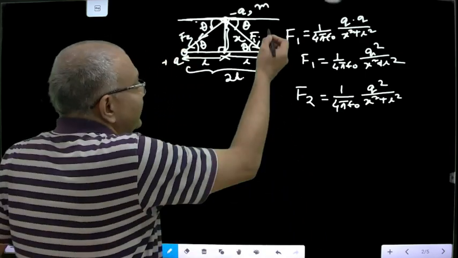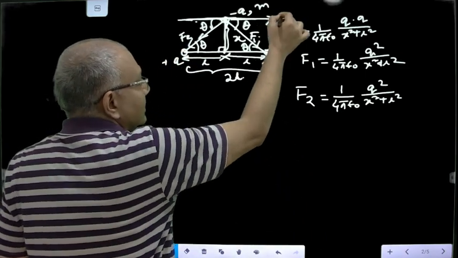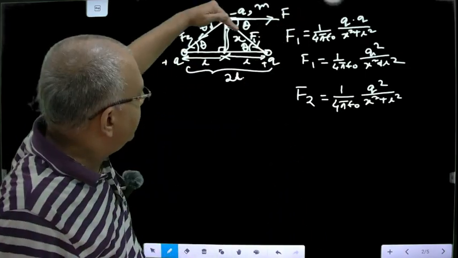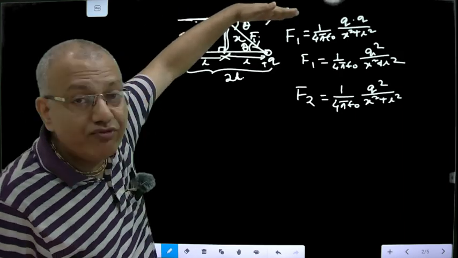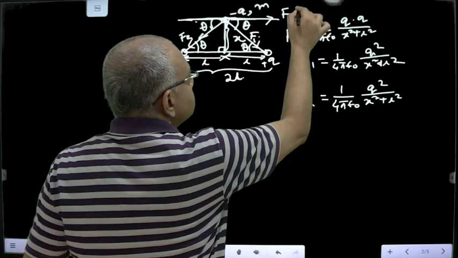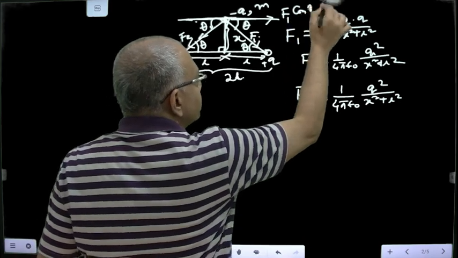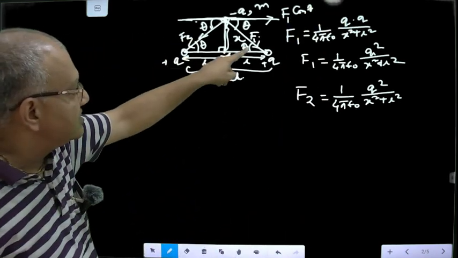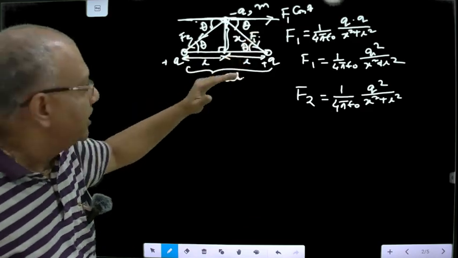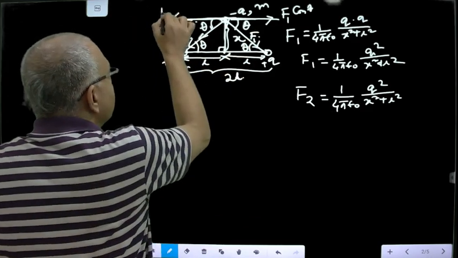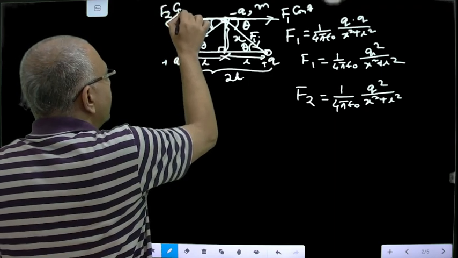Naturally, if I take the component of F1 in this direction, F1 has a component F1 cos theta. You can see symmetry, this is theta geometrically. So this is F2 cos theta.